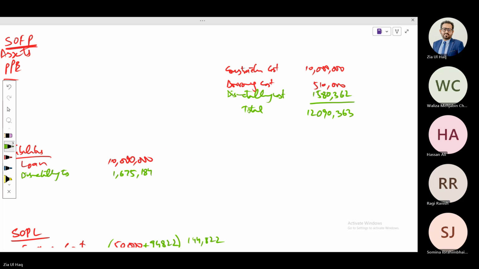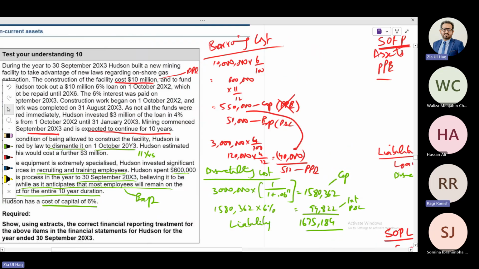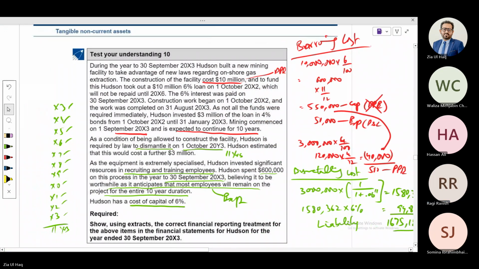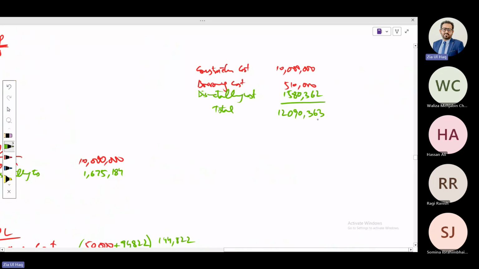That's right. And we need to depreciate this amount over how many years? 10 years, because the useful life is 10 years. So charge depreciation for 10 years. How much is the yearly depreciation? 1,209,036.